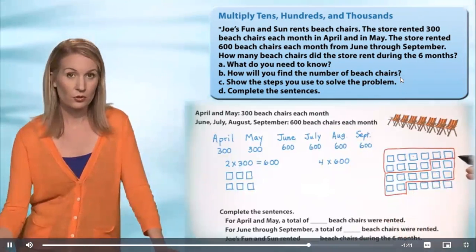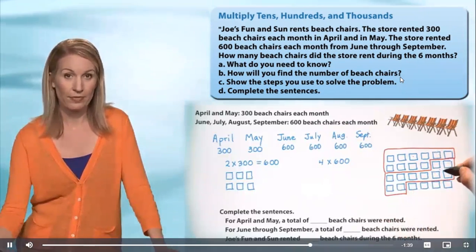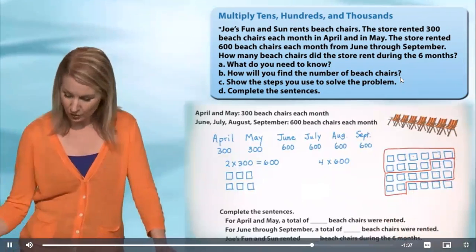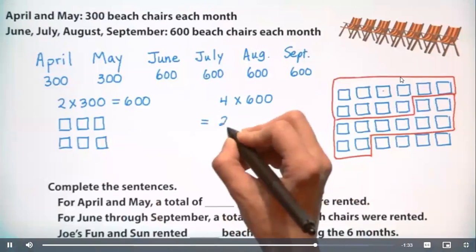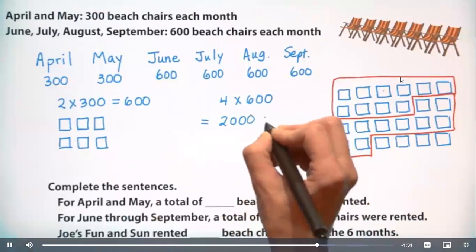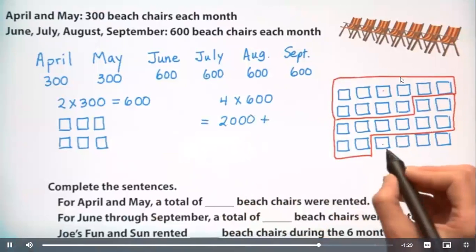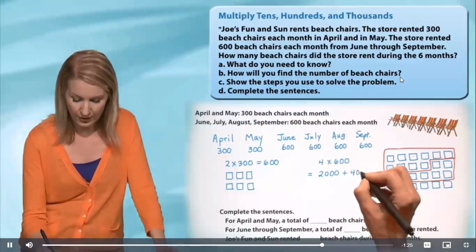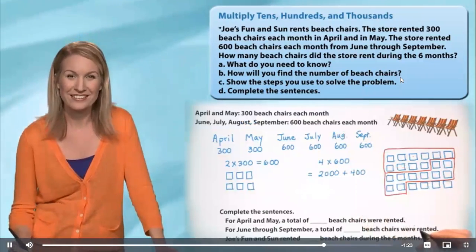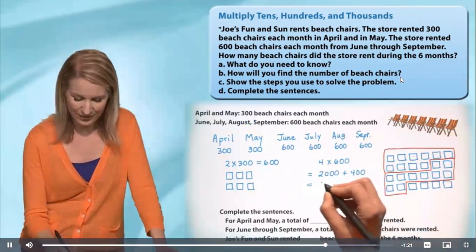So you see I've circled in red 1,000 and 1,000, which is 2,000. So this is equal to 2,000 plus some more, 100, 200, 300, 400. 2,000 plus 400, and altogether that is 2,400.